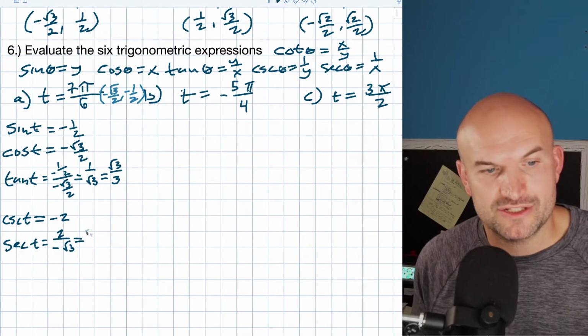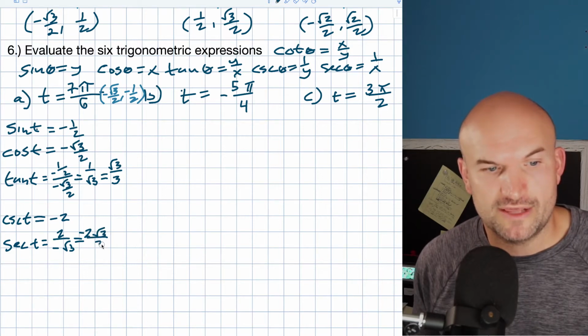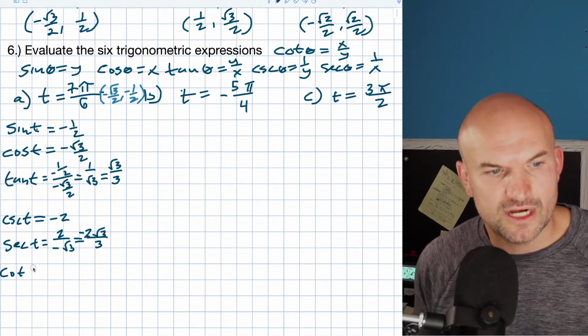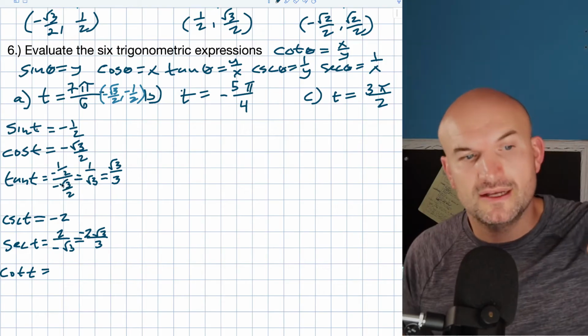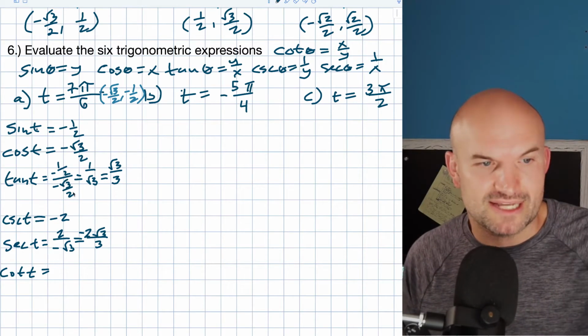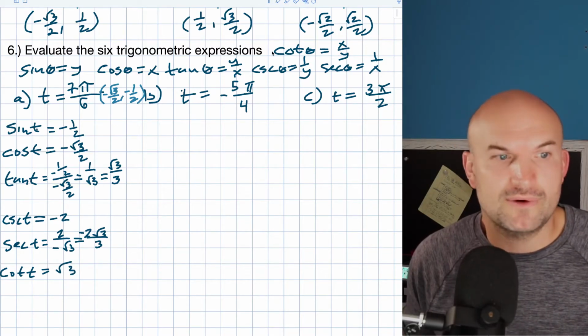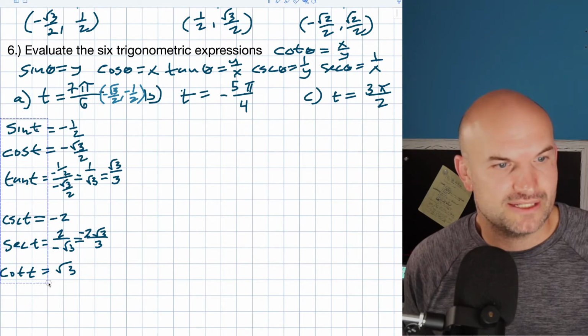That's going to be negative 2 square root of 3 over 3. And then we have the cotangent of t. Cotangent of t is basically this exact same one, just flipped, right? So now the 2's again will divide out, and that's just going to be left with square root of 3.